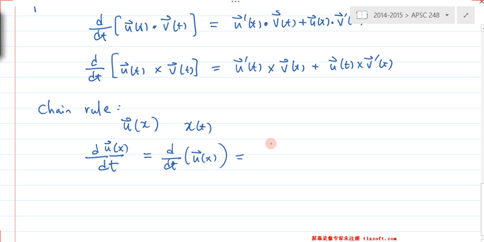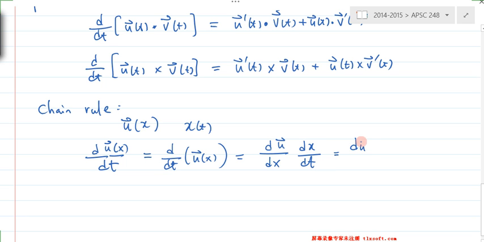So, chain rule. What does that mean? That means you take the derivative of the vector u with respect to x first, and then x is a function of t, so then x with respect to t. That's the chain rule here.